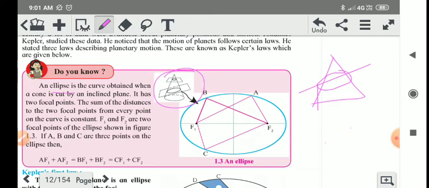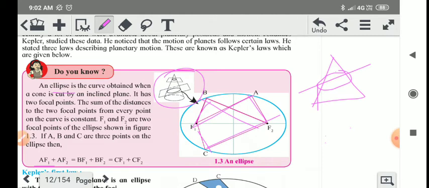If A, B and C are three points on the ellipse, then AF1 plus AF2 is equal to BF1 plus BF2, and also equal to CF1 plus CF2.